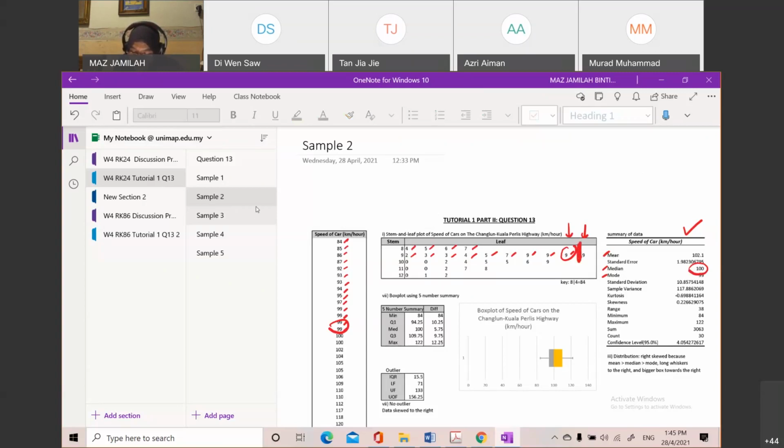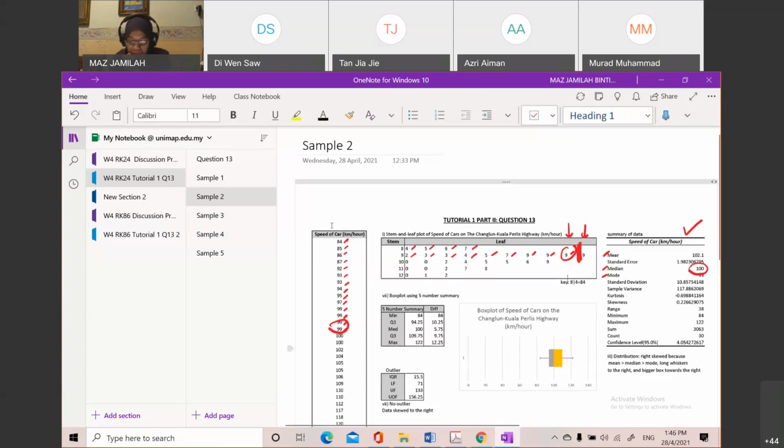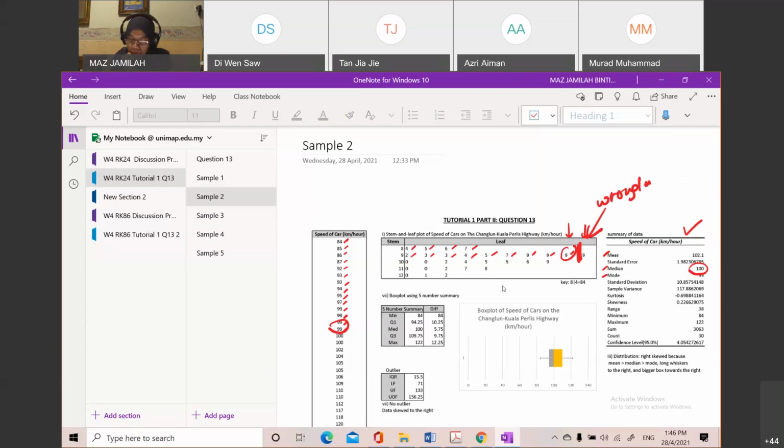It should be 99 here. What happens if this is the case? Then I believe this is the one that was wrongly done, because this one is based on the input data. So let us assume that we look at the mean, mode, and median given from your calculated one.